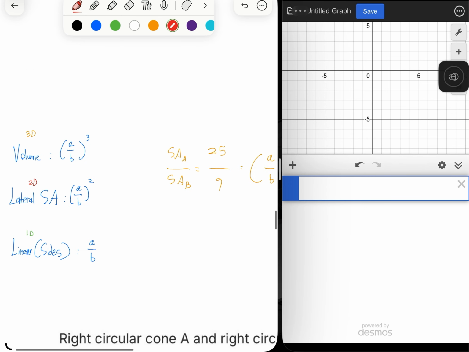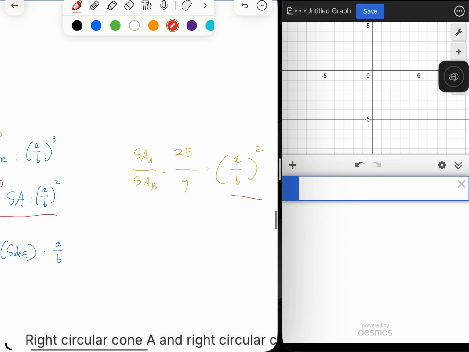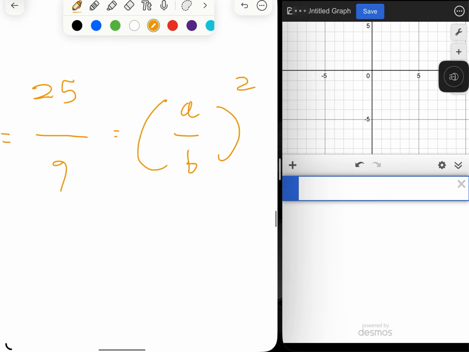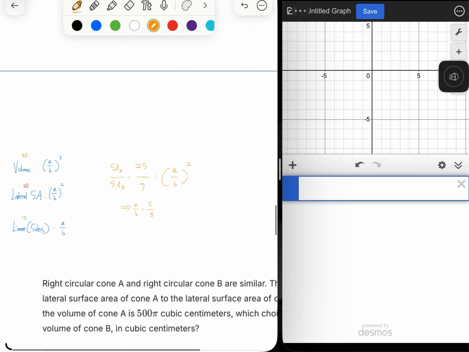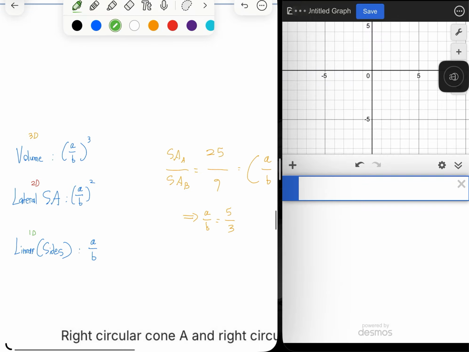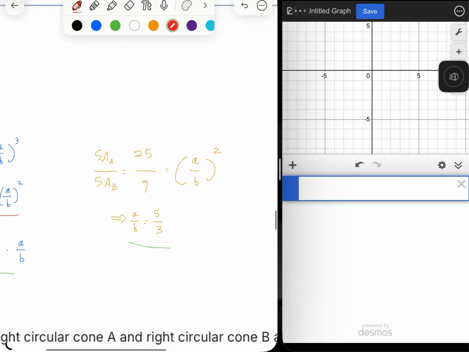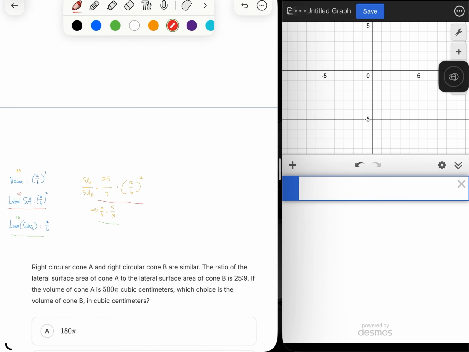And what that allows us to do is find A over B, because you take the square root. If you take the square root of both sides, you get that A over B equals 5 over 3. So that's our linear, and I'm going to label the other as our surface area.